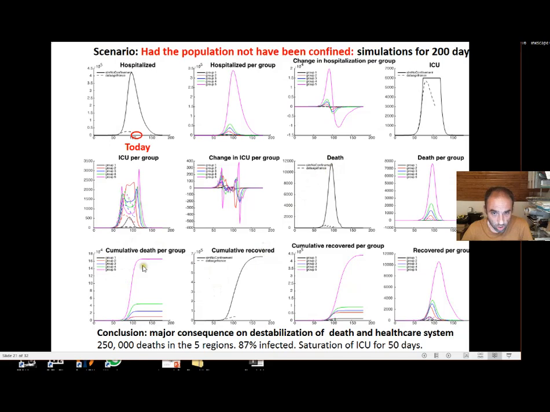I'm not going to go over all of this detail, but the main conclusion is about 250,000 deaths in the 5 regions, 80% of people infected, and a full saturation of the ICU for 50 days.